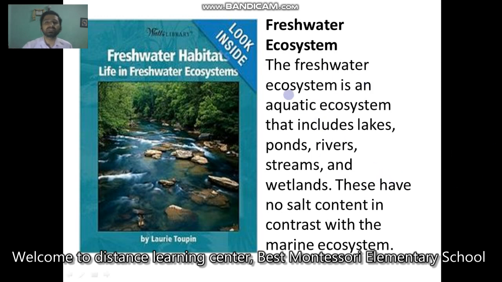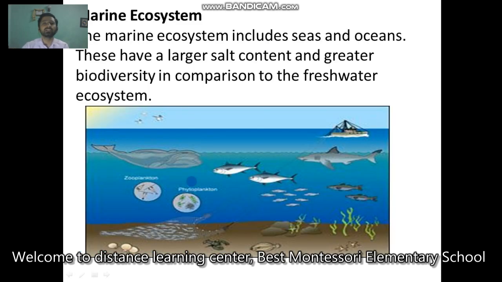That means an ecosystem that includes lakes, ponds, rivers, streams and wetlands, where there isn't any presence of salt in the water. Animals are accordingly present. Now the second type, marine ecosystem, sea ecosystem, ocean ecosystem, includes seas and oceans, and marine means they contain salt in the water.